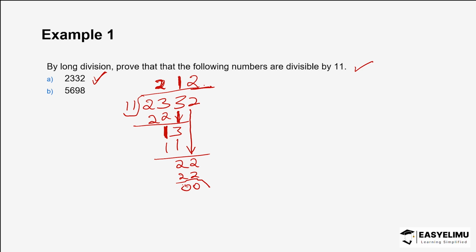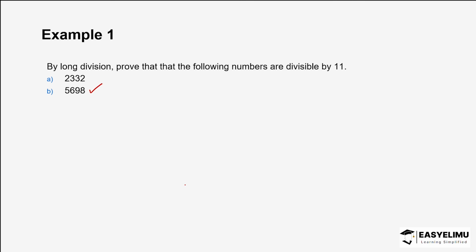So you say the number 2332 is divisible by 11. Take note of the reason, because 11 goes into 2332 an exact number of times without leaving any remainder. Or you can alternatively say that the remainder is 0. The remainder is 0, so it means the number is divisible by 11.